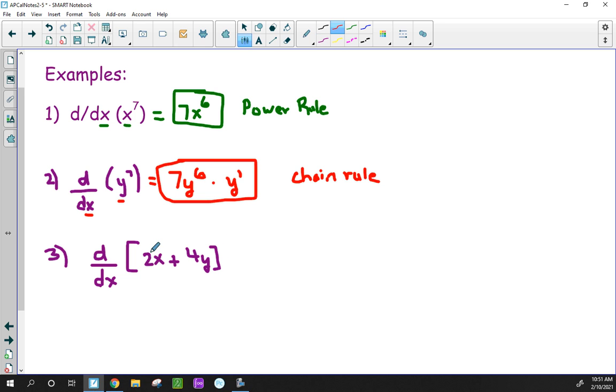Okay, notice that obviously there's a polynomial here, two terms, so we're going to do the derivative of each piece. This step you do not necessarily have to write down. I'm just making sure I show everything in the video. Make sure your eyes are following me, so you know where I am. So we're doing the derivative with respect to x of the first piece, and then the derivative with respect to x of 4y.